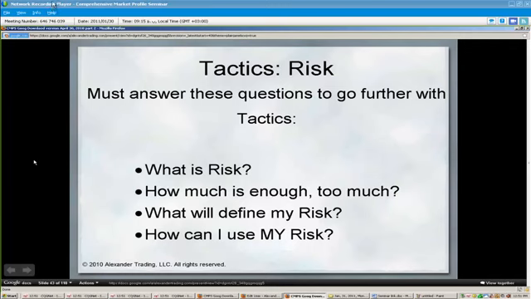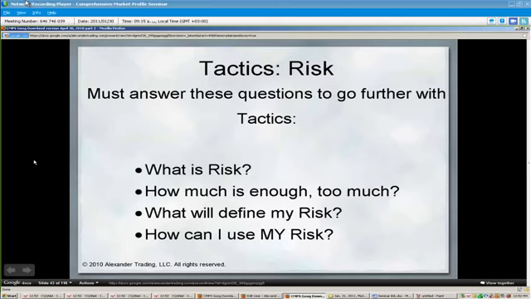Because everybody out there wants to risk 2 ticks or 3 ticks and expect to be able to consistently trade profitably. It can't be done. You're trading in noise. And so you have to have an understanding of risk that's more sophisticated than what your typical trader thinks of risk in terms of a dollar amount or a tick size.